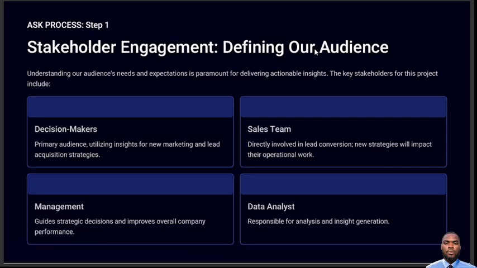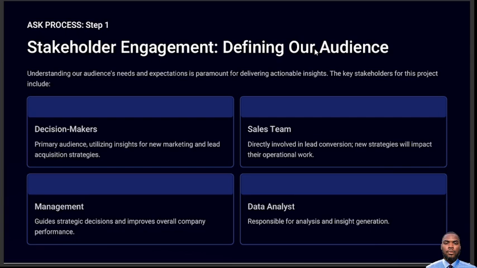Number three, the decision makers and the management are also kind of the same, so the management. And number four is your fellow data analyst, right? If you are working with a team, your fellow data analyst is a stakeholder, and they are also interested in your findings, maybe to go deeper on the analysis or collaborate with you.